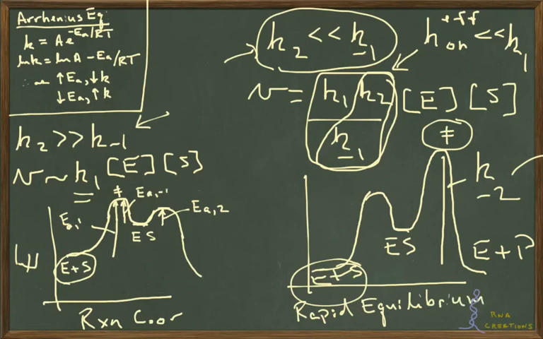All right, because E and S come into equilibrium before it reacts. And that causes Km to equal Kd in this case, right? Because remember that. Let me shrink all this down and just make it a little bit smaller.